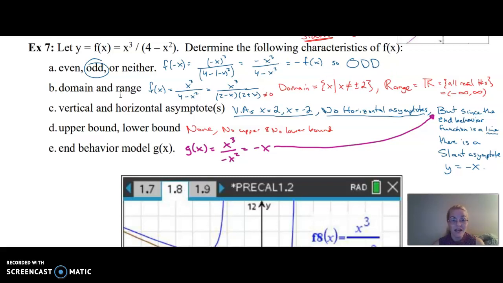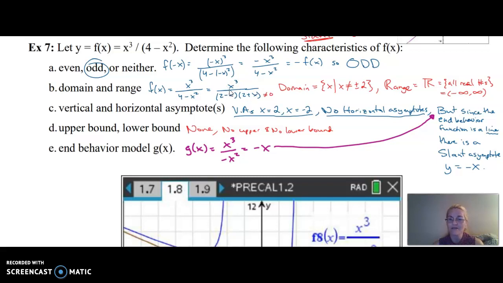The domain and range, again, the domain, you want the denominator to not equal 0. So that's when x is plus or minus 2. So the domain is the set of all x values such that, that tall line there means such that, x cannot equal positive or negative 2. And the range of this guy, I had to look at the graph, right?